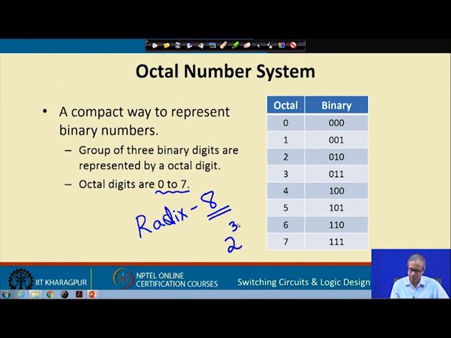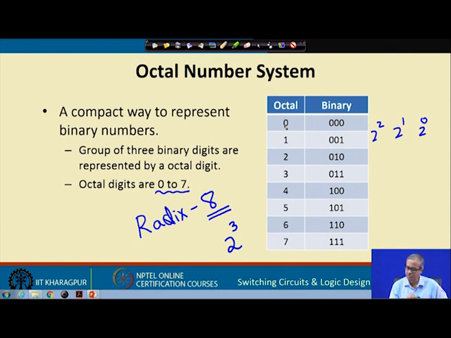Because it is a power of 2, every 3-bit binary number can be represented in octal as a single digit. Look at the binary number 000, what is the value in decimal? 2 to the power 0, 2 to the power 1, 2 to the power 2, these will be the weights; multiply them, this is 0.